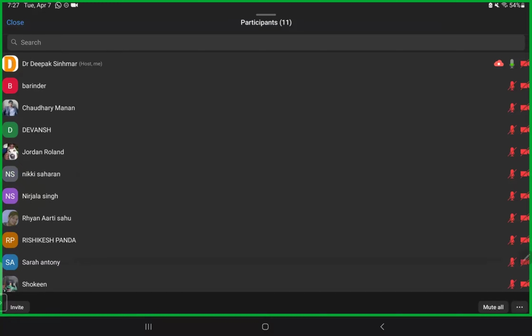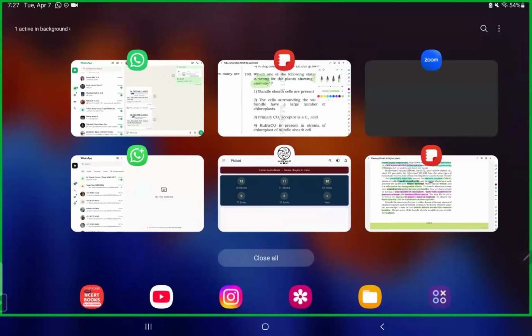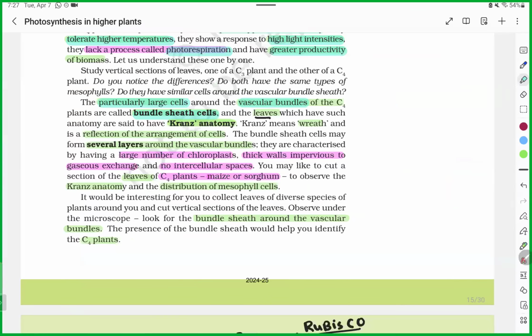Bundle sheath cells are present around the xylem and phloem. Leaves which have such special anatomy are known as Kranz anatomy. Kranz means wreath, garland, right? It is a reflection of the arrangement of cells, how cells are arranged: you have mesophyll cells, you have bundle sheath cells, like that.